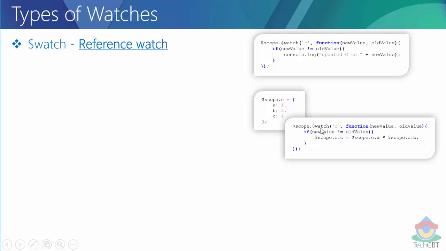So this watch is going to work if and only if O is actually referring to some other object but not the same object anymore. Even if you modify any of the properties inside the object, this is not going to be fired.